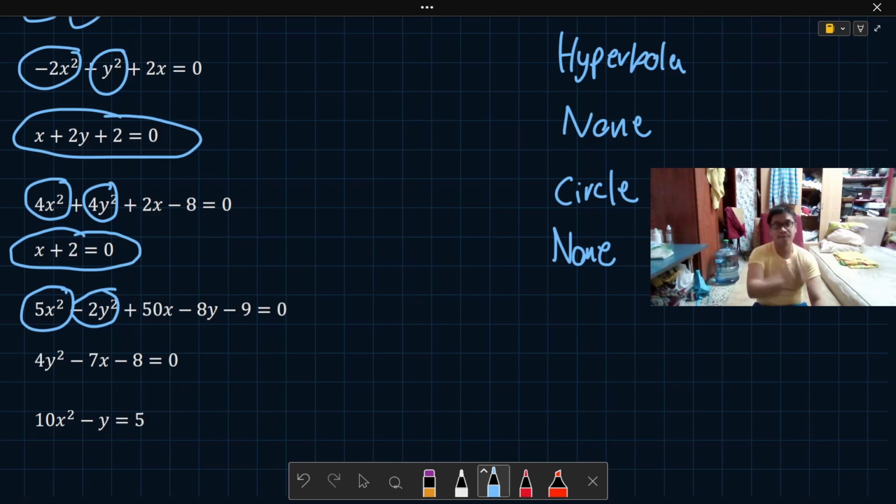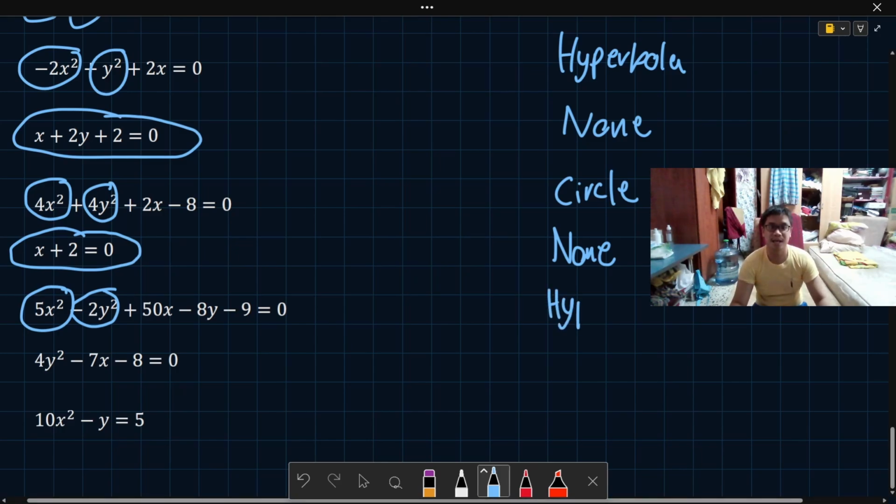Now take a look. 5x squared minus 2y squared. Both of them do not have the same numbers. 5 is for x squared, 2 is for y squared. And not only are they not the same in terms of numbers, they are also not the same in terms of sign. We have positive for x squared and negative for y squared. So the answer for this case is hyperbola.